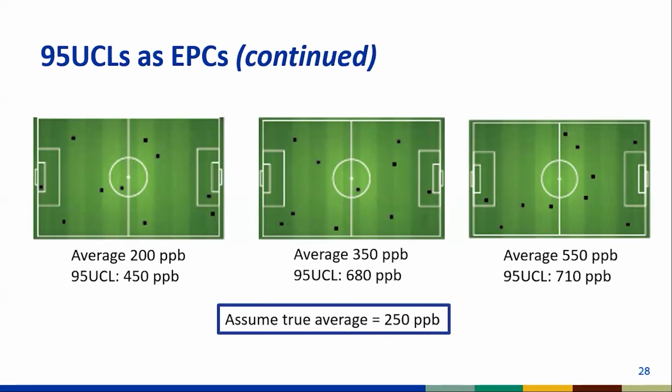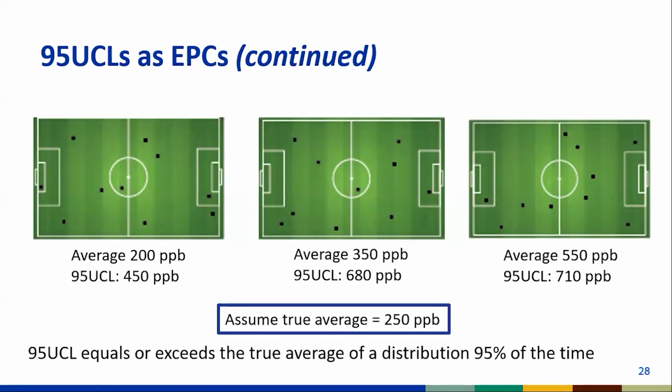The soccer field on the left has a 95 UCL of 450 ppb. This value is greater than the presumed true average of 250 ppb. In fact, all of the 95 UCLs on this slide are higher than that true average value. By definition, we would expect this to occur 95% of the time.